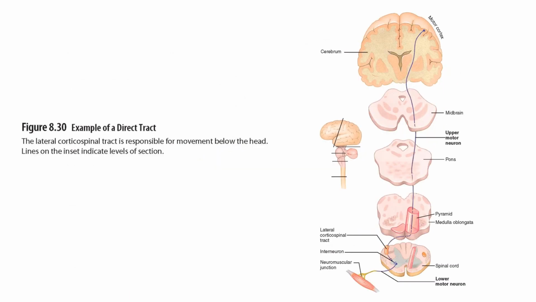Okay? So this is an example of a direct tract, or a descending tract. Here you have the neuromuscular junction of the lower motor neurons. You have interneurons, you have the lateral corticospinal tract, and then it crosses, tumatawid siya sa kabilang side, at the pyramids of the medulla oblongata, going up to the pons, upper motor neuron, the midbrain, and then the motor cortex of your brain.